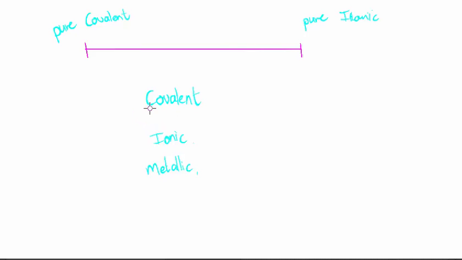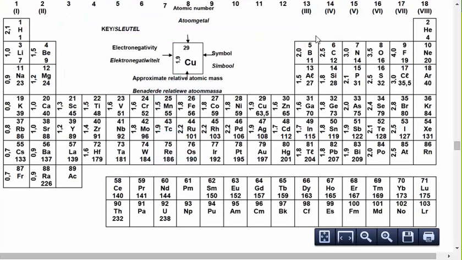Covalent means they would be sharing. So I need maybe 2, so maybe someone will share 2 with me. I've got 6, who wants to share with me? So they're likely to be covalent or ionic. In other words, these can never be metallic. Make sense? These can never be covalent.